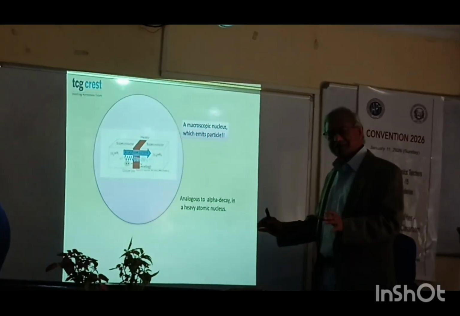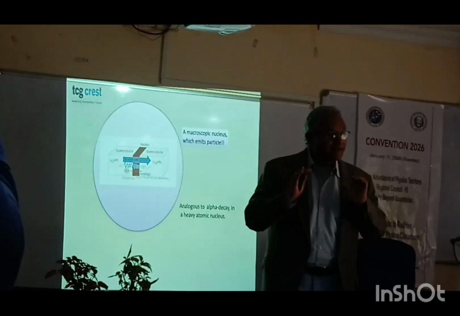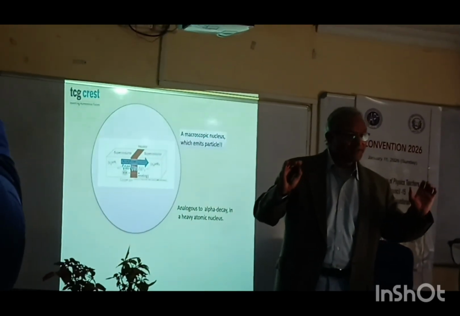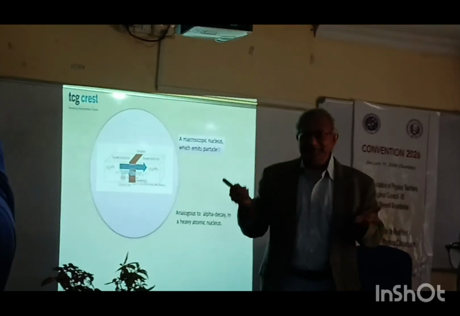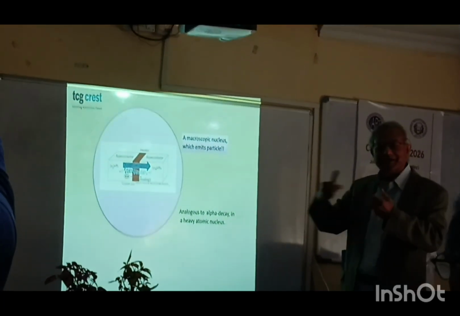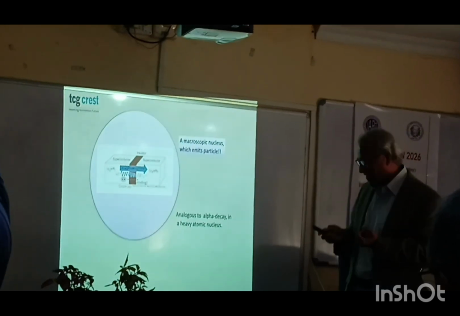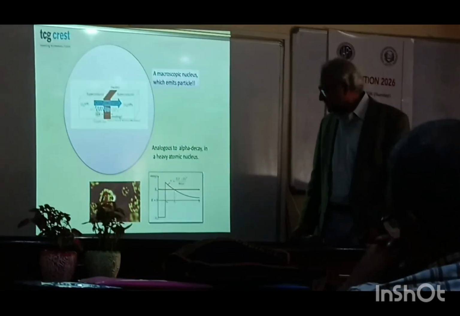Now let's look at it. Since this is a quantum system, this circuit, right, and it is behaving quantum mechanically, it is like a large atom. Atoms are quantum, right? So this is analogous to an alpha decay in which a heavy atom emits an alpha particle, right? Let's see what happens.